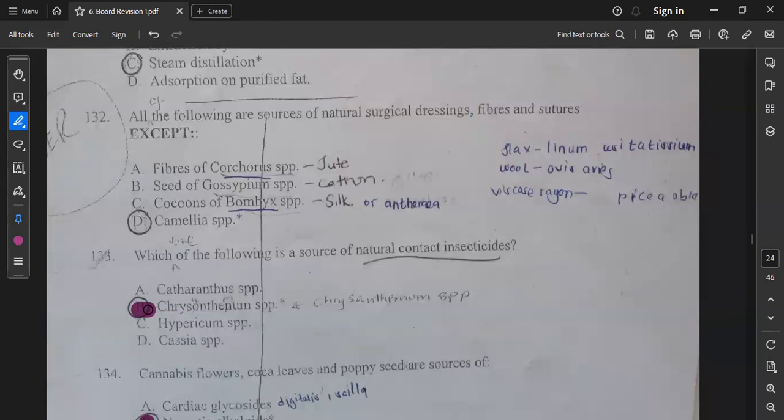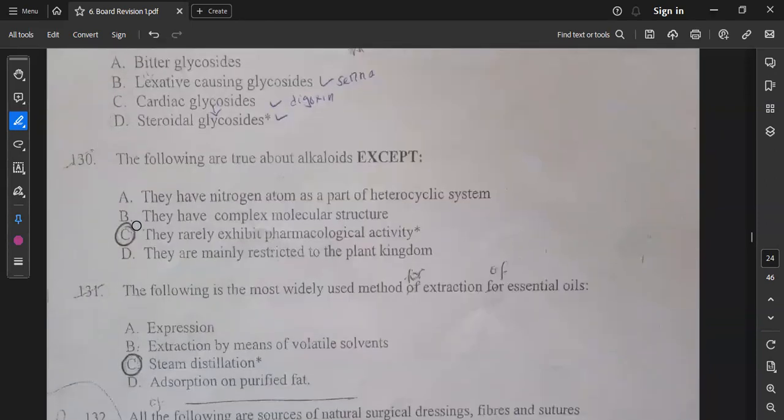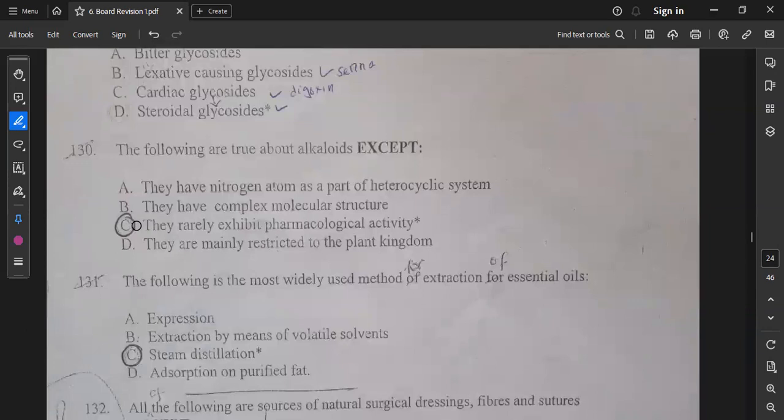It's definitely Camellia, even if you don't know the others. What is Camellia used for? It's tea, right? Yeah, Camellia is tea. Good. Okay, because I would have died there.